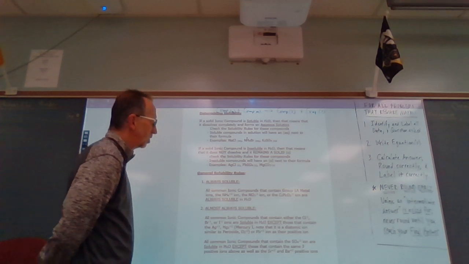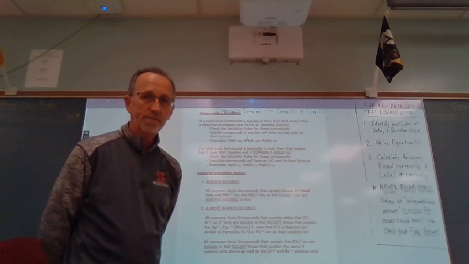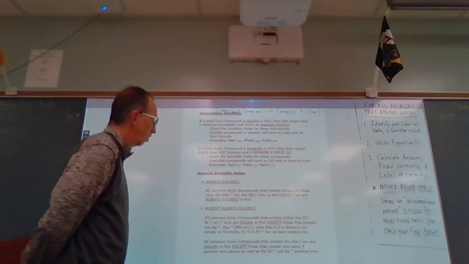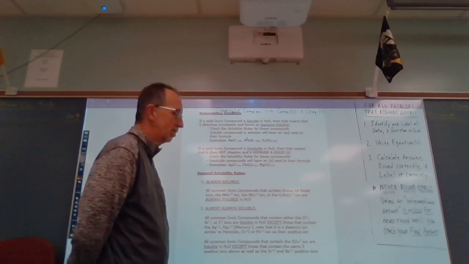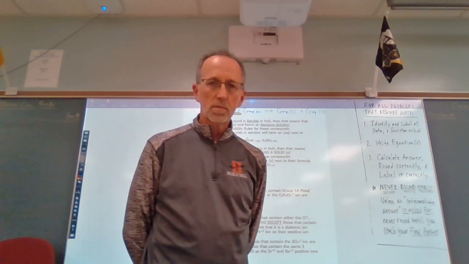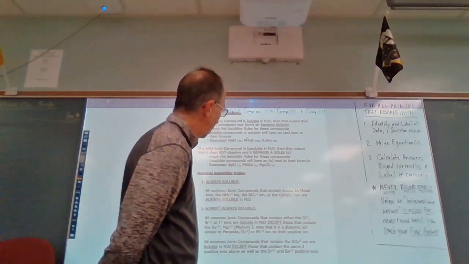Soluble compounds in solution will have an AQ next to them. For example, sodium chloride, ammonium bromide, potassium sulfate. All those compounds are completely dissolvable in water, and so those compounds go into solution, and we put an AQ next to them.